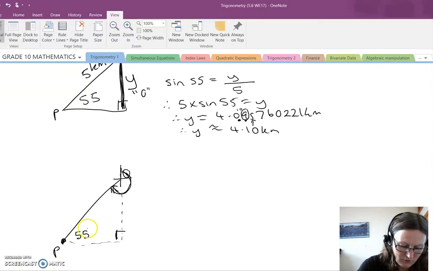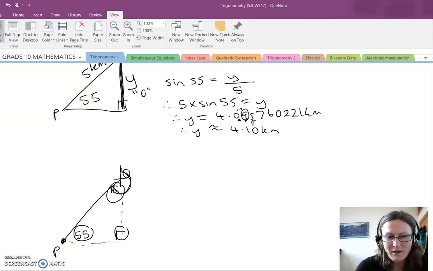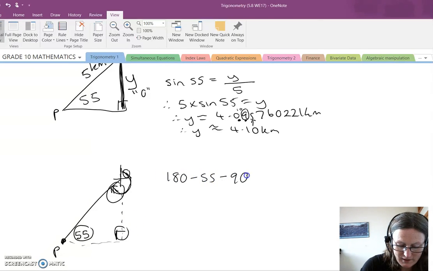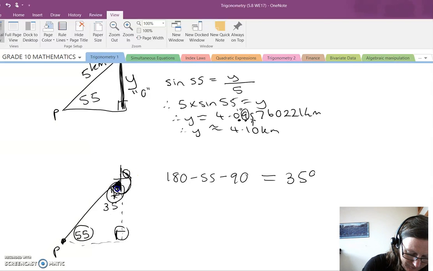The 3 angles of a triangle, 1, 2, 3, add up to 180 degrees. So if we say 180 minus 55 minus 90, that will give us what's left over, which is this angle here. So that gives us 35 degrees. So this angle here is 35. That is this section here.